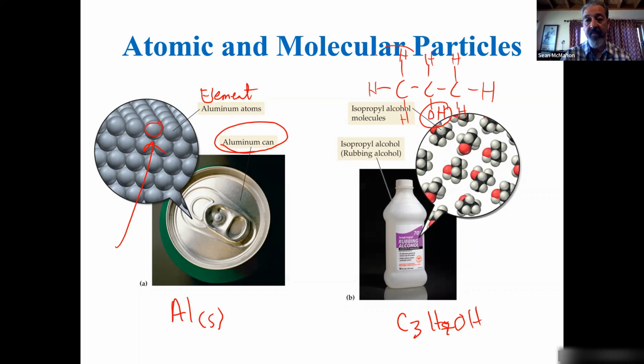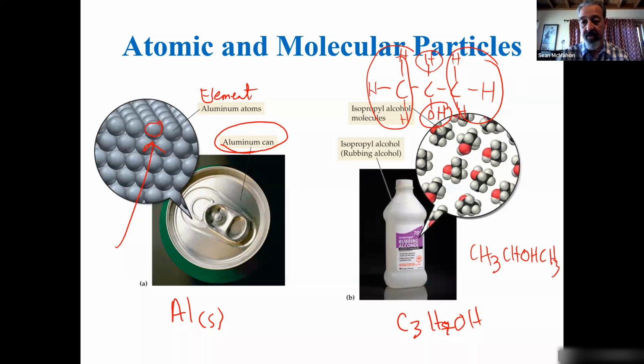Basically I have 3 here, 3 here, 1 there, and then 1 in the alcohol group. A lot of times you'll see this written out as CH3CHOHCH3. If I were to draw this a little more accurately, you get the carbon and this bent shape, and you would see it's like an isosceles triangle because you have CH3s on both sides.